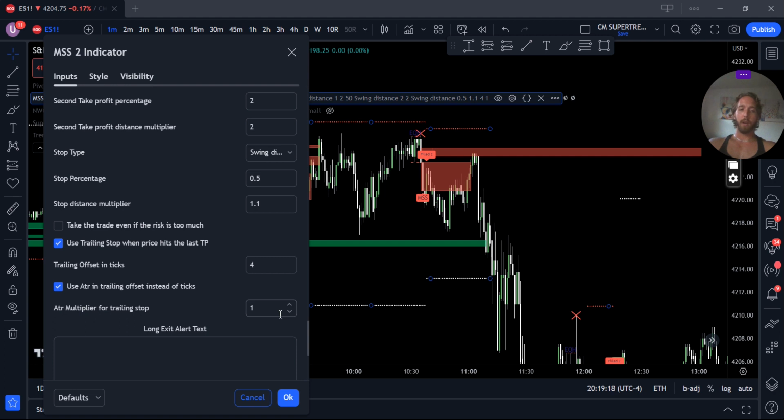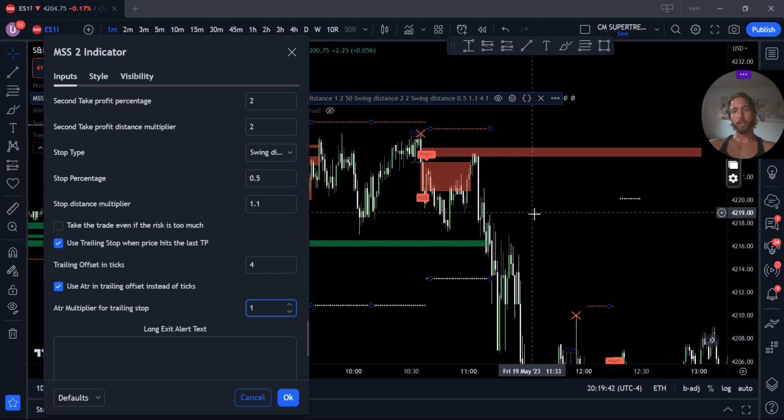I like to use the ATR, and one thing to keep in mind with this ATR is that I don't have it set up like, say, the SuperTrend on this chart. It will not match that. It will not take profit at the exact same place that you see it on the chart from the SuperTrend.